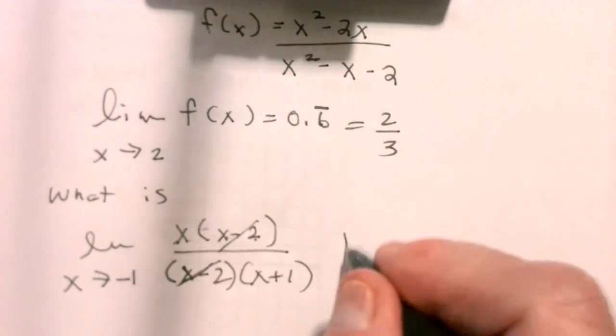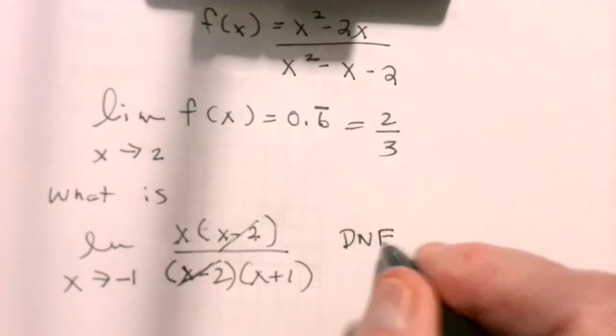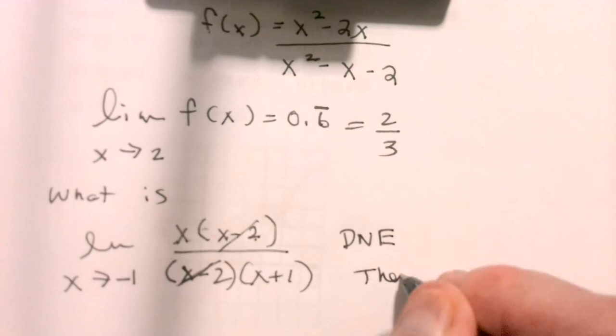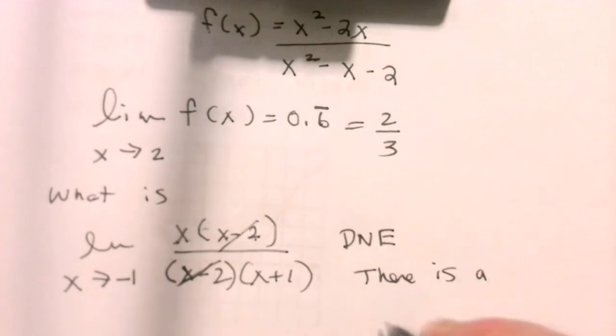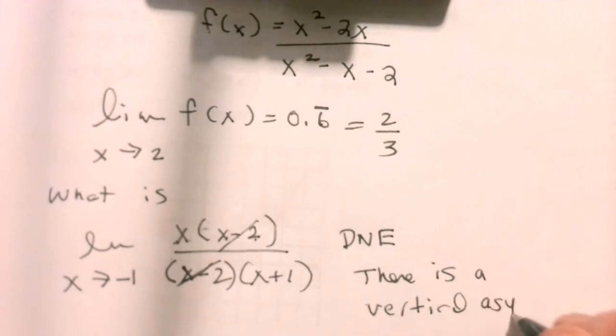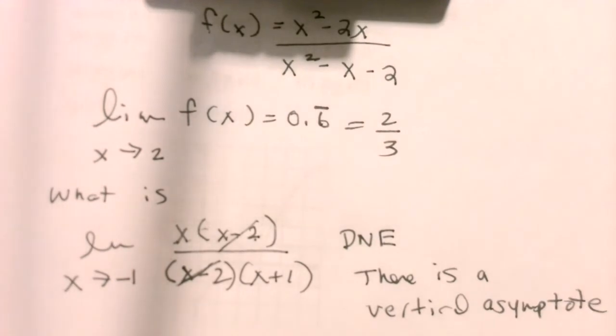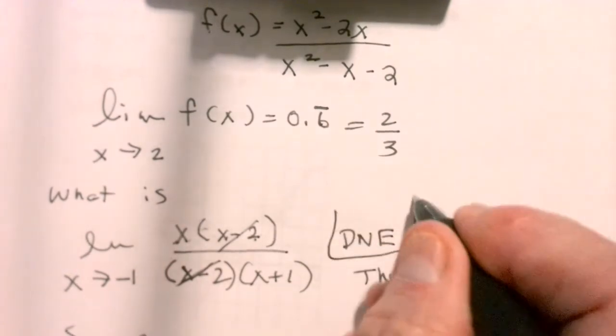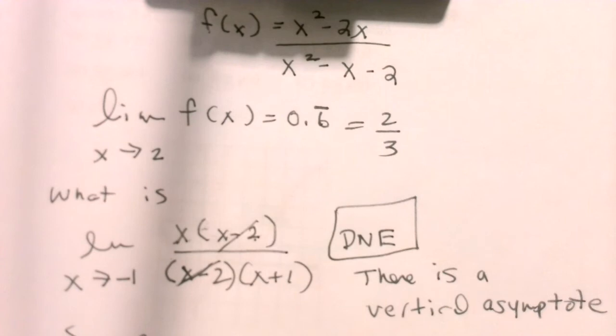So it does not exist, there is a vertical asymptote. And when there's a vertical asymptote, it's going to go up to infinity or down to negative infinity. Both sides may be going up to positive infinity, but it's going to involve infinity. So we can say the limit does not exist.